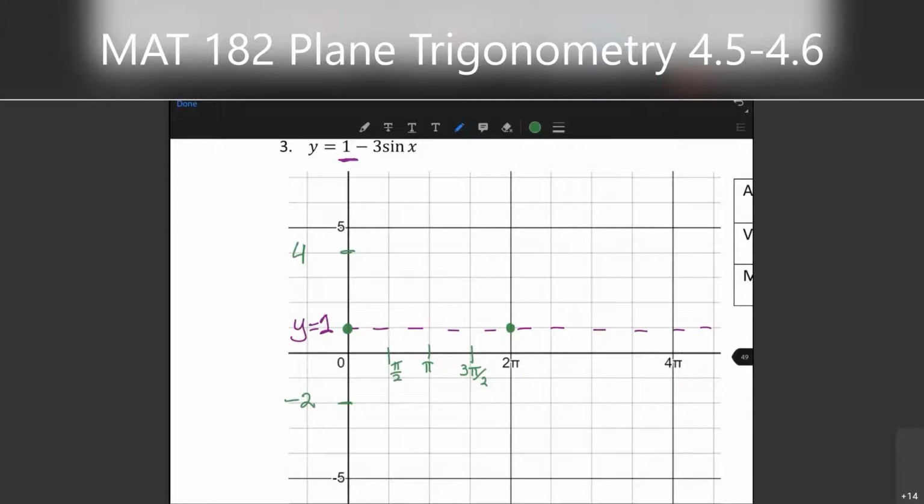I have a negative cosine graph. That means we're going to be starting as a decreasing function.